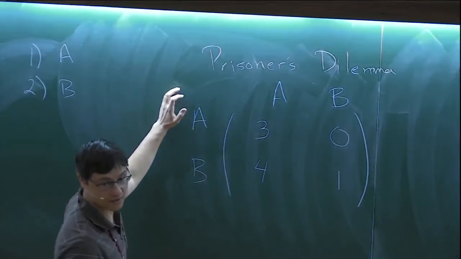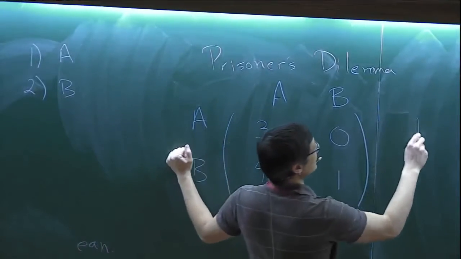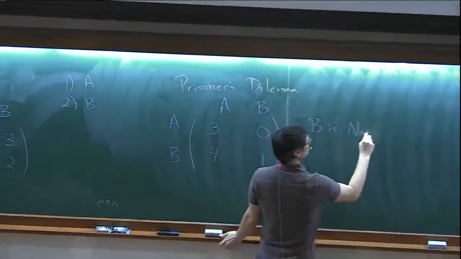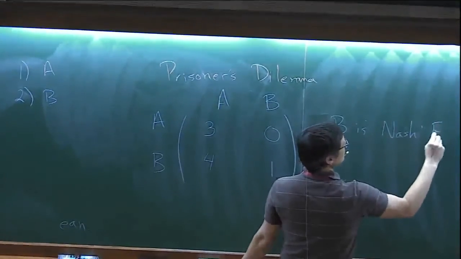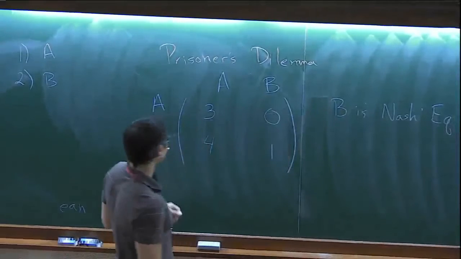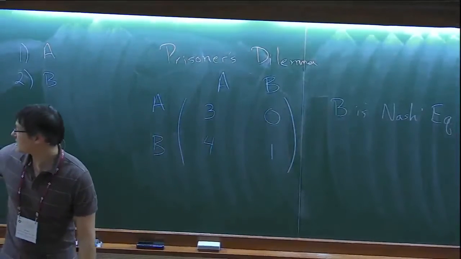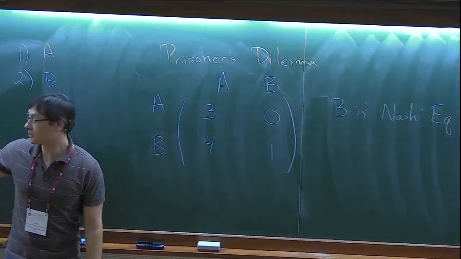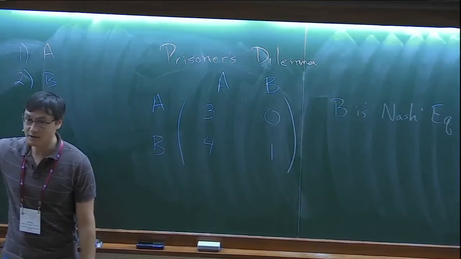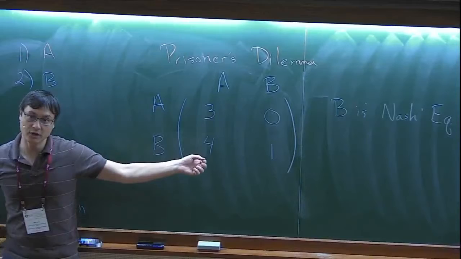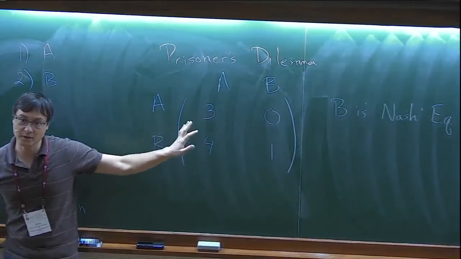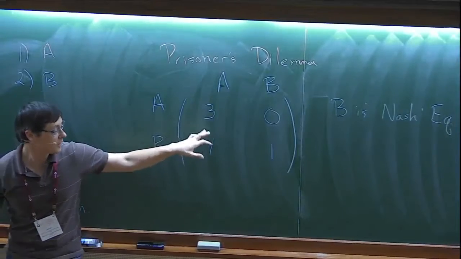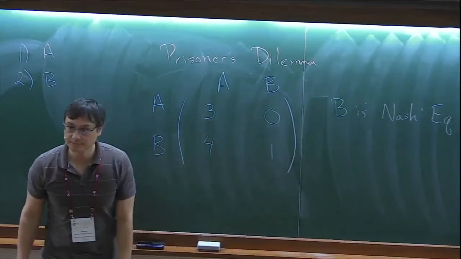All right, so here B is the Nash equilibrium. Just like over here, what you saw is that independent of what your opponent did, it was better for you to play strategy A. The same statement is true over here, that independent of what your opponent does, it's better for you to play strategy B. 4 is larger than 3. 1 is larger than 0.